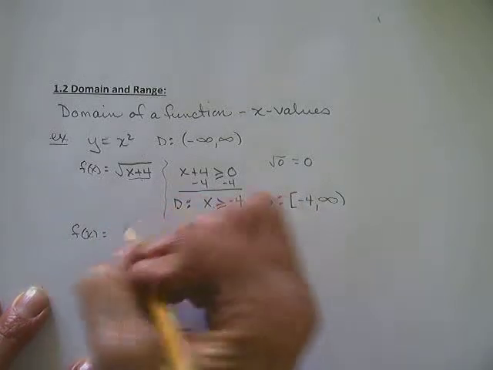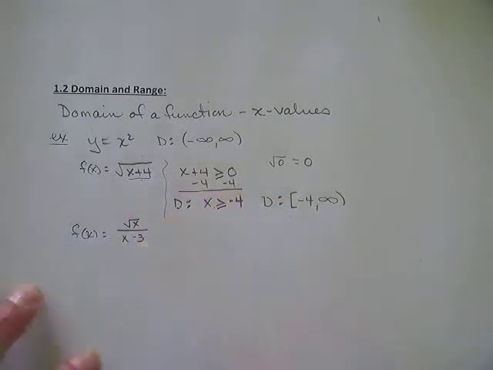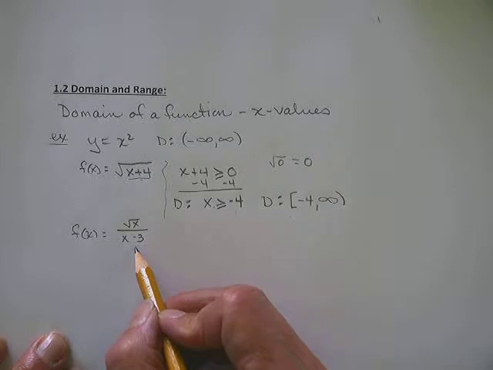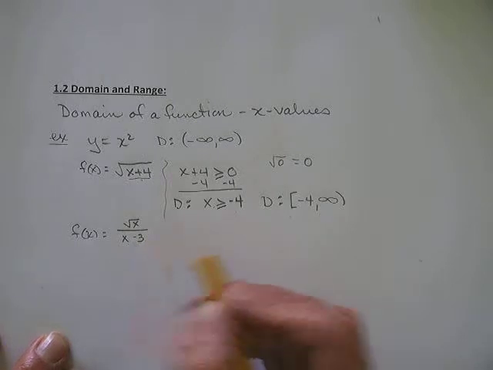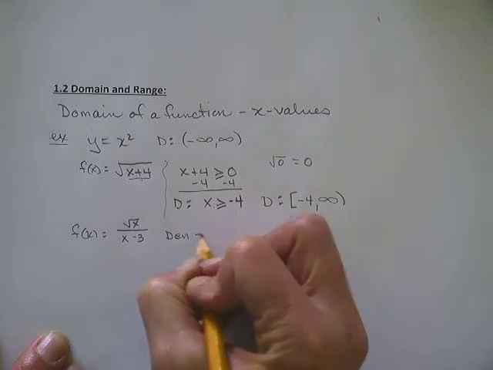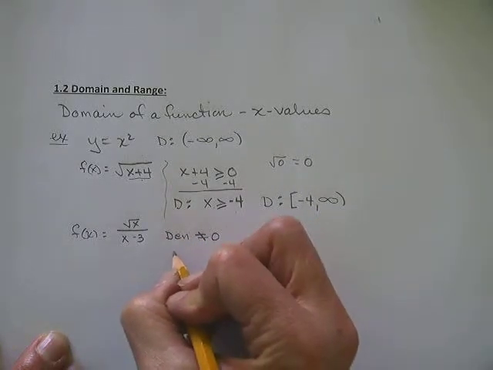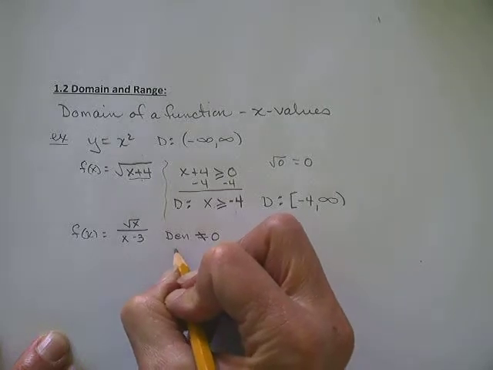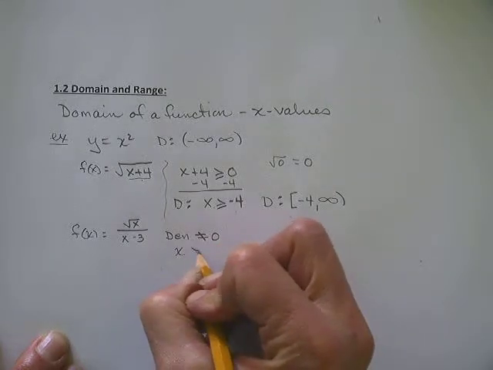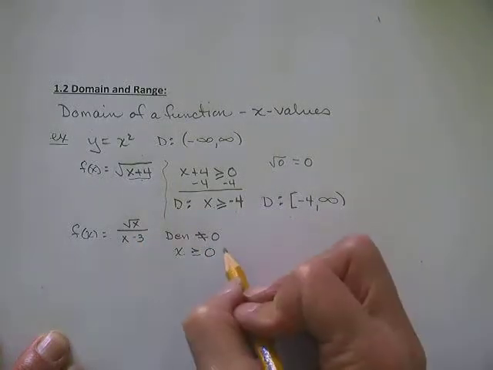The only other thing that you're going to see that might be tricky is something along this line. Let's say that I've got f of x equals the square root of x over x minus 3. I have two things going on. What can a denominator not equal? 0. So the denominator cannot equal 0.